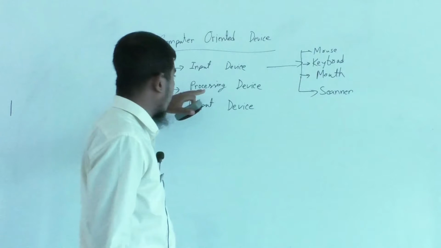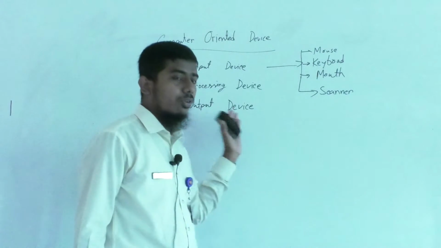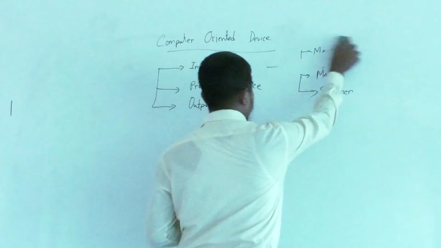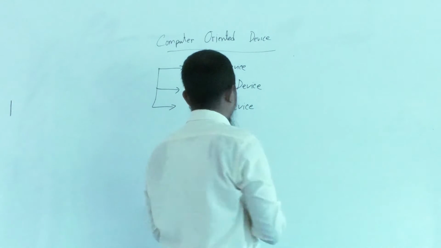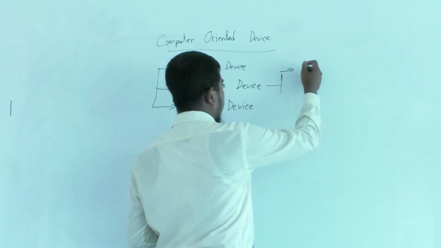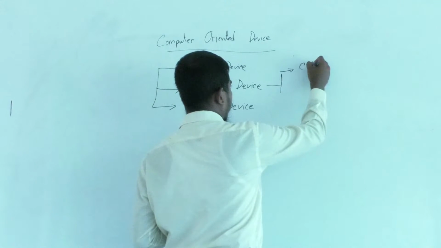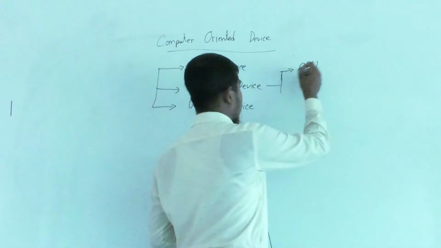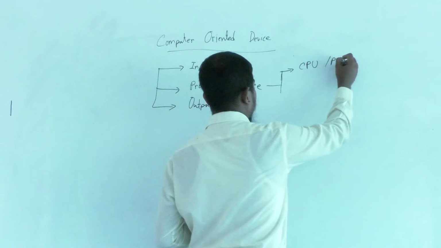And there is another type of device, which is the processing device. What are they? The processing device is mainly the CPU, Central Processing Unit, or the processor.